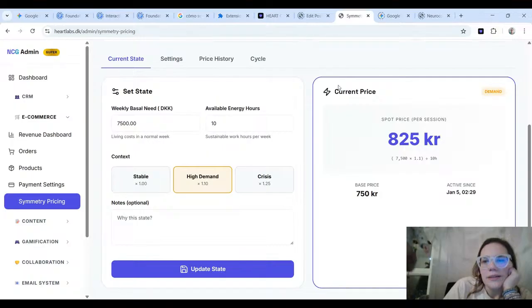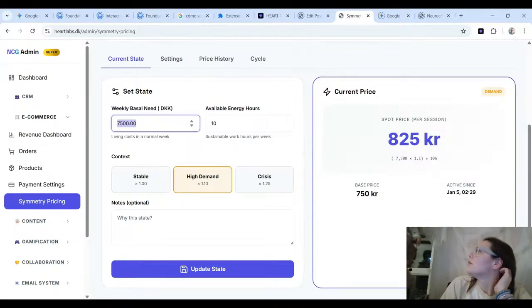So basically, what this does is that here you put the amount of money that you need per week, you being a service provider.